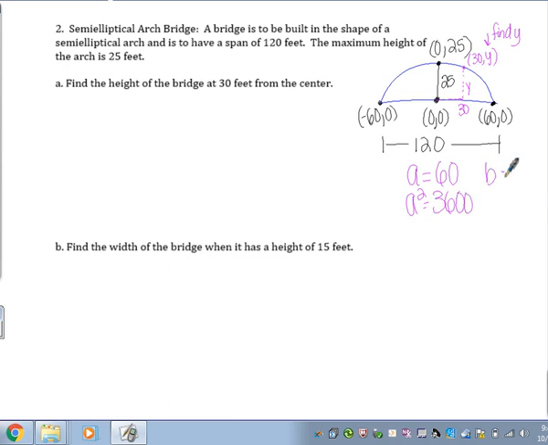I know that b is what? 25, and b squared is 625. Since h and k are 0, I'm going to have x squared over 3,600, and that's under the x because that's the length on the x-axis, plus y squared over 625 equals 1. That's the equation for the whole ellipse.